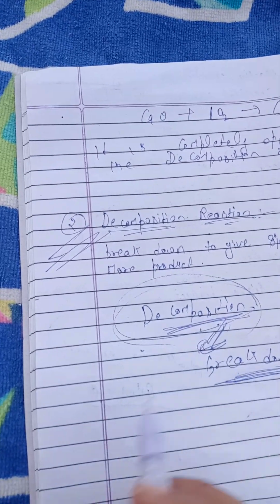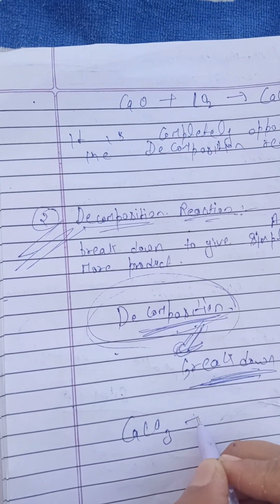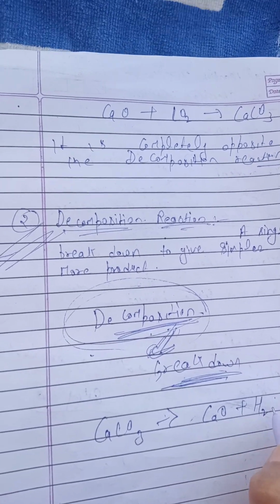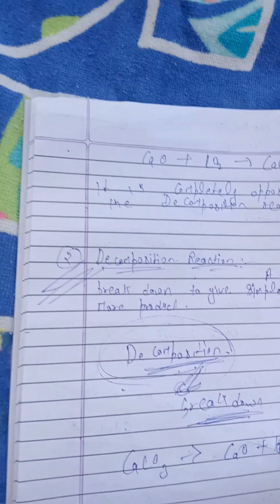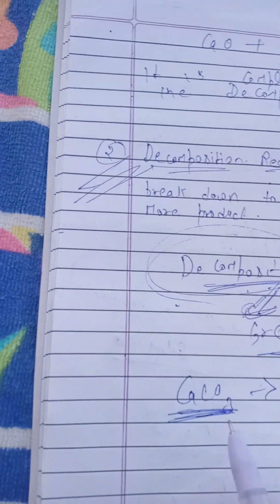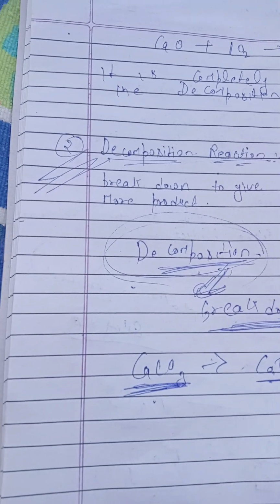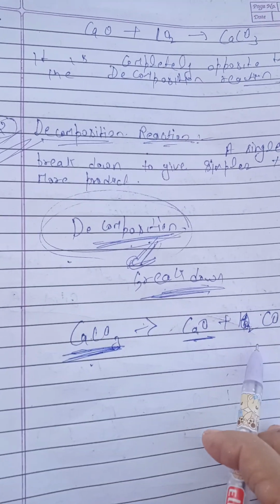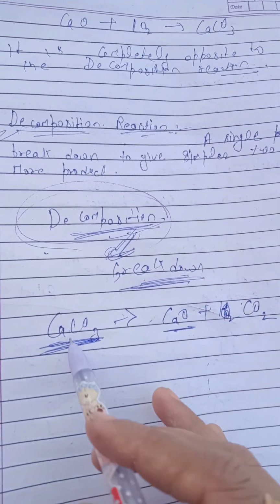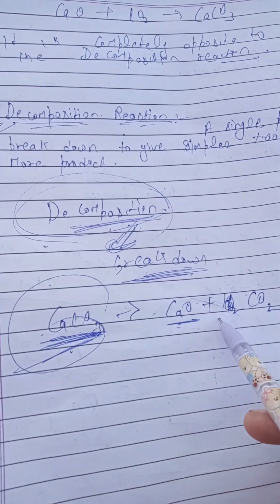It means, for example, CaCO3 gives CaO plus CO2. This is the single reactant. When a single reactant is converted into two or more simple products, CaCO3 breaks down and gives CaO plus CO2.